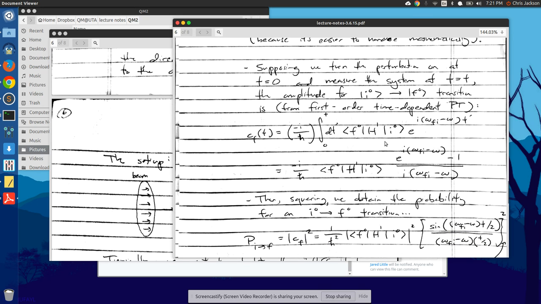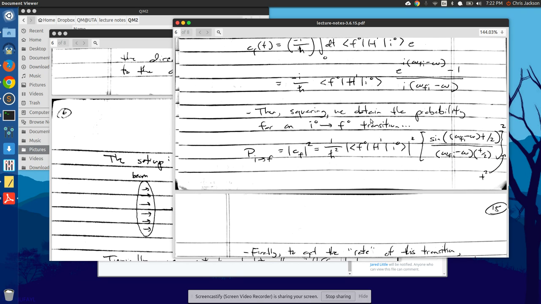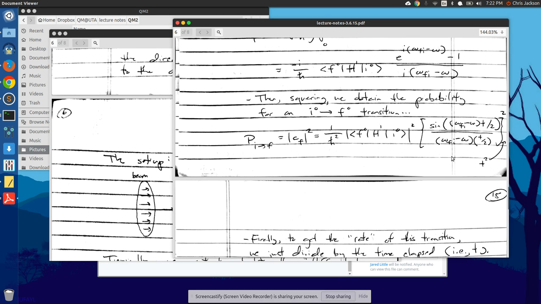Okay, but the thing is that this guy doesn't have any time dependence, right? So we can pull that outside of the integral, and once I do that, then I can do this integration, and it just gives me something that looks like this. Okay. And if I square it to get the probability, I'll get something that looks like this matrix element squared, and then this is the stuff that comes out of the integral, and that's squared.